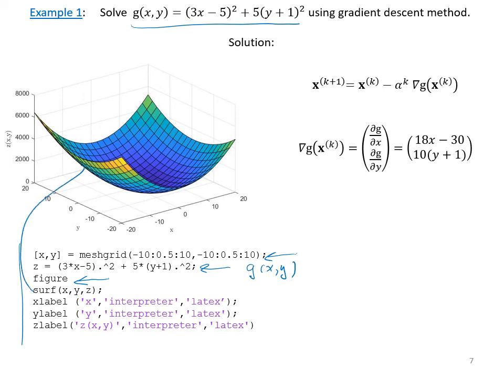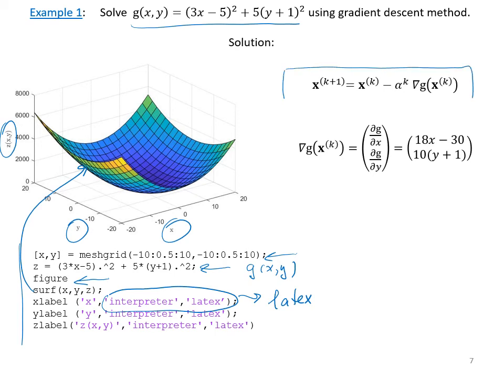This surface, this is exactly what you can see here. And this command allows you to use LaTeX when you write names of your axis or title, doesn't matter, whenever you use it. So once you visualize your function, we can solve it.